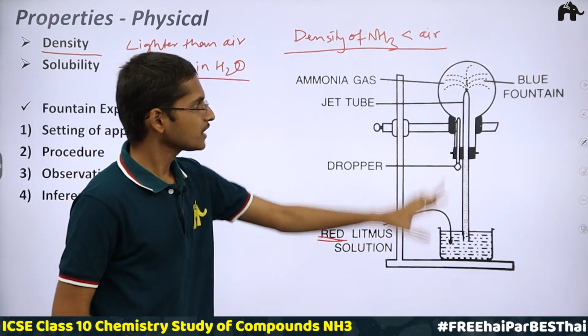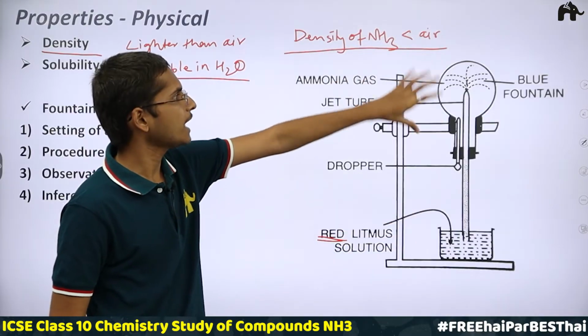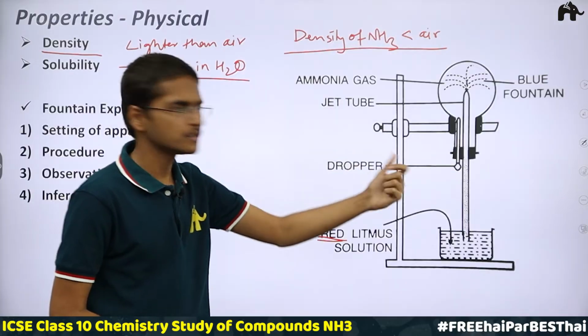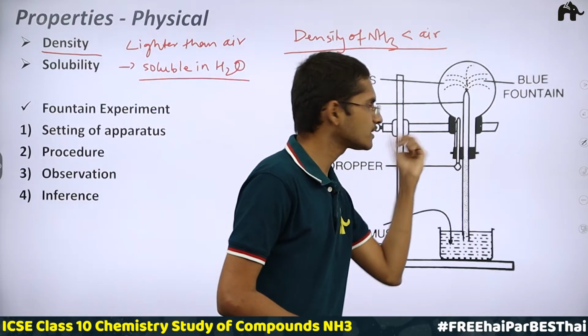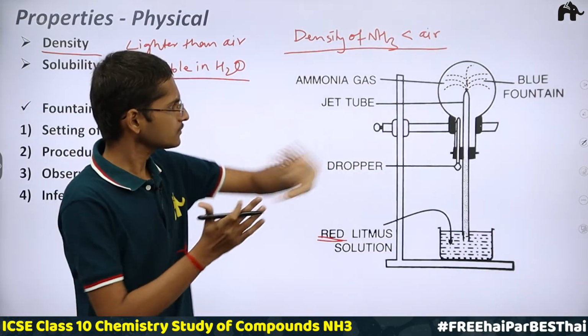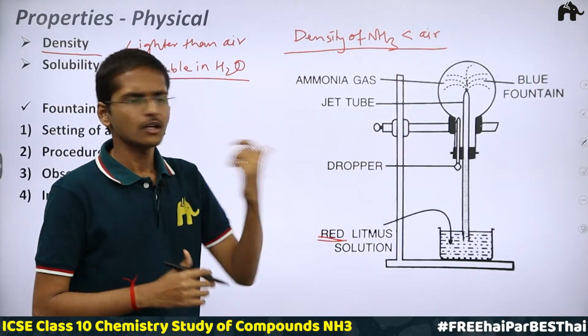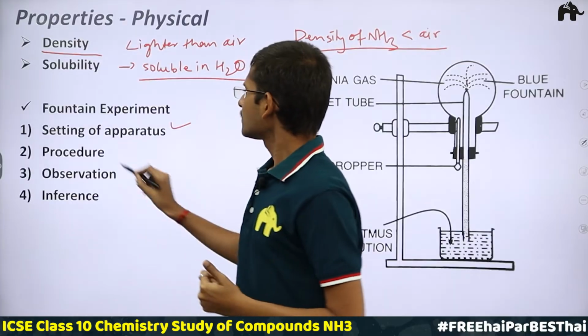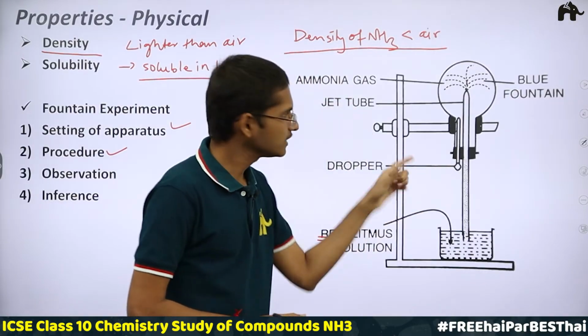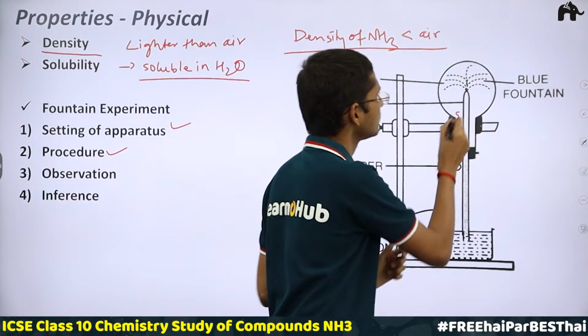The other end is kept open inside the flask, and in the other hole of the rubber cork, we have inserted the dropper. This dropper has some water in it. This is all about the setting of apparatus. Then the procedure is simply that we press the dropper, so water comes out of the dropper.